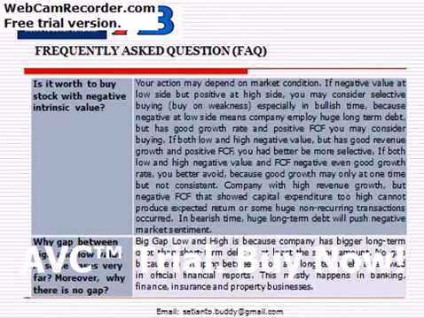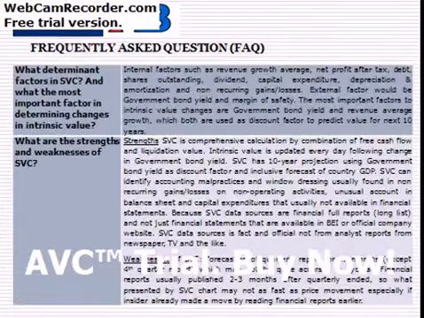The next question is about the key factor in the SVC. What is the most important or key factor determining the change in intrinsic value? As we said before, the most important internal factor is the revenue average growth.